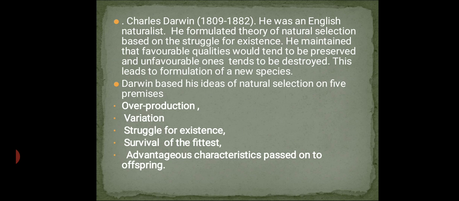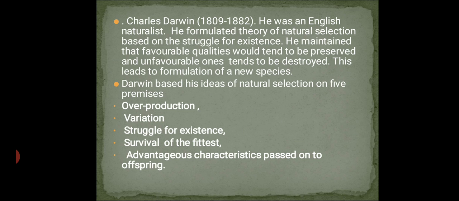As a result of this, the one with advantageous modifications, the one with good features, will be able to obtain plenty of natural resources and survive, while the one with weak features will not be able to survive and will die out. This leads to what is called survival of the fittest.